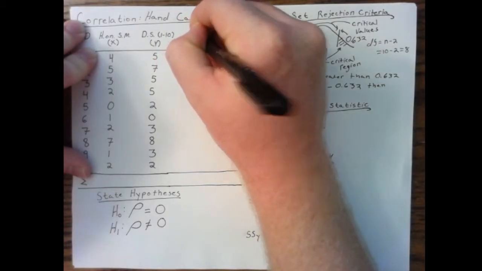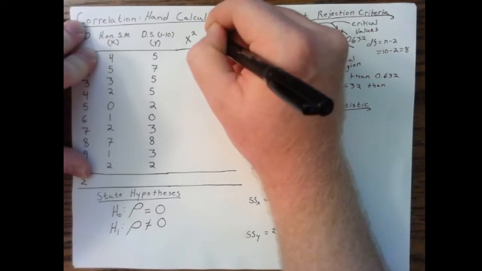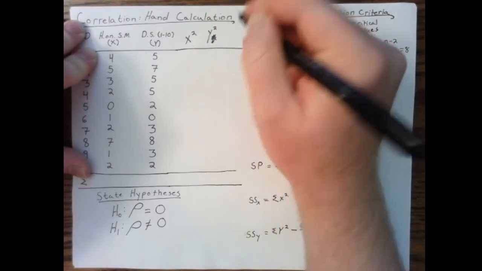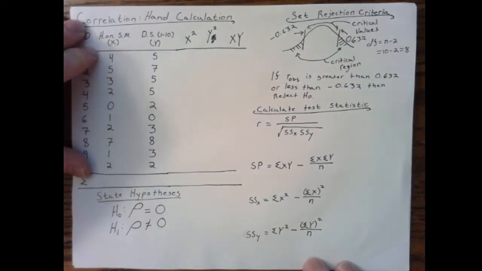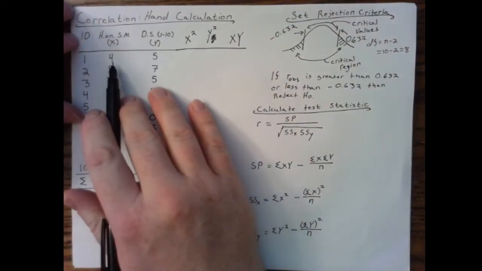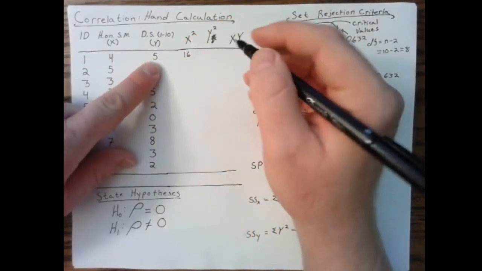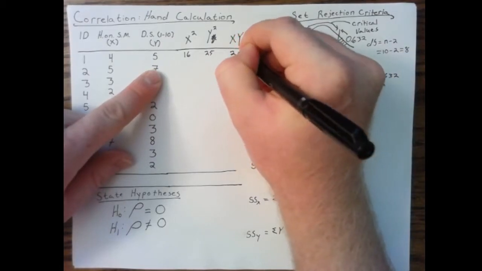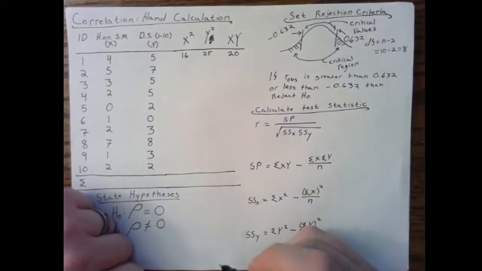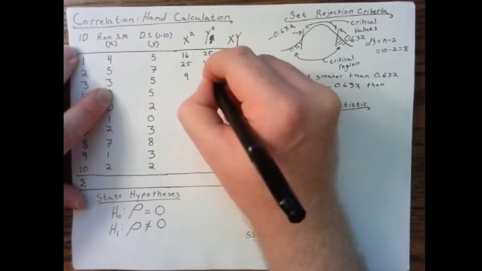We know we're going to need all the squared x scores and all the squared y scores, and then all of the products of x and y. So now it's just a matter of, okay, 4 squared is 16, 5 squared is 25, 4 times 5 is 20, and then so on all the way down the table.